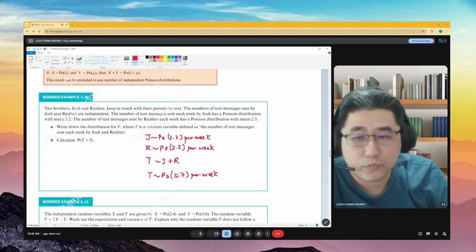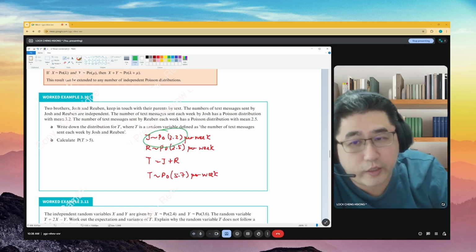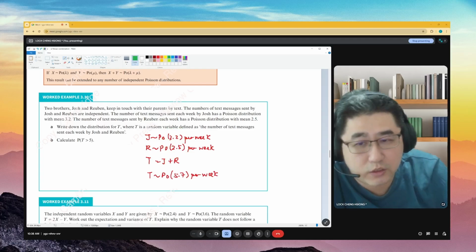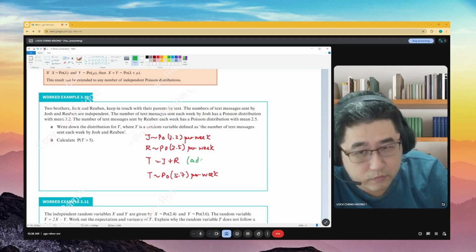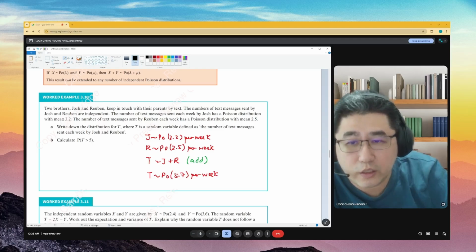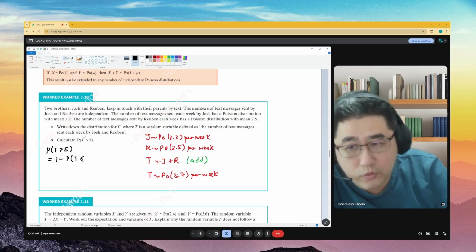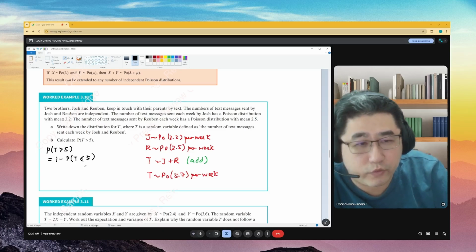So what we're actually saying is that if you have one Poisson and another Poisson, when you add them together, it will still be Poisson. Then we just do the calculation. P of T greater than 5 will be 1 minus P of T less than or equal to 5. That involves 0, 1, 2, 3, 4, 5.